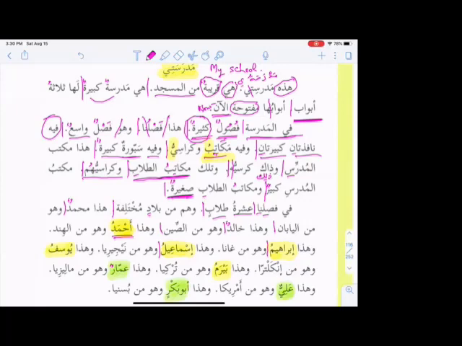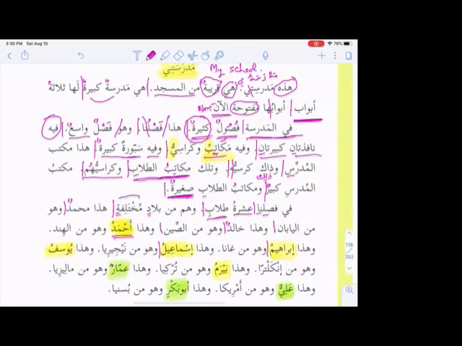Asharatu tullabin. This is your mubtada and mudaf ilayhi. Wahum, and they are min biladin mukhtalifatin. Biladin is the plural of balad, country. Baladun, biladun, countries. They are from different countries.